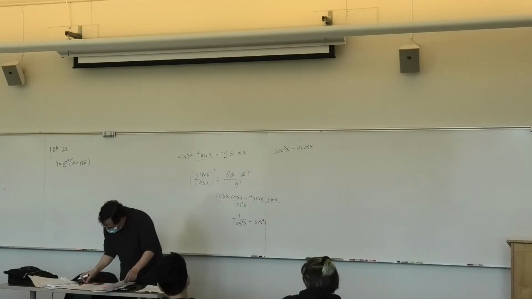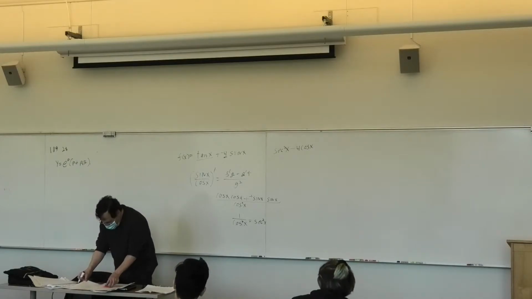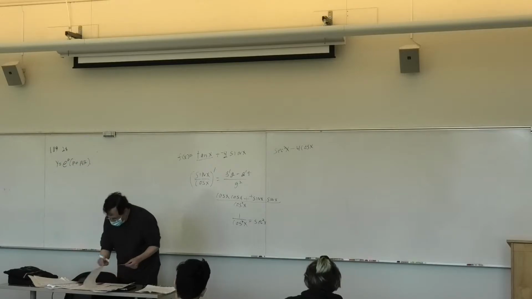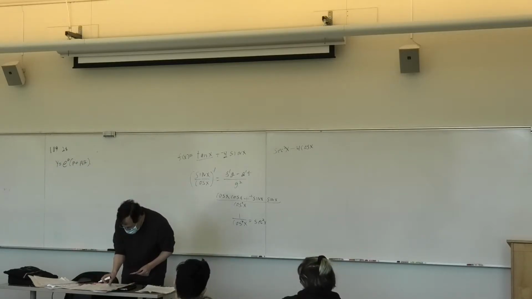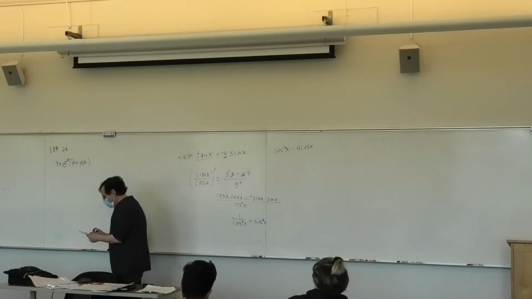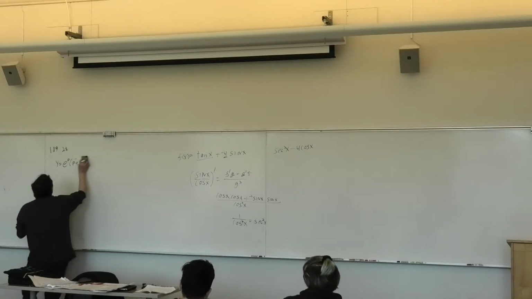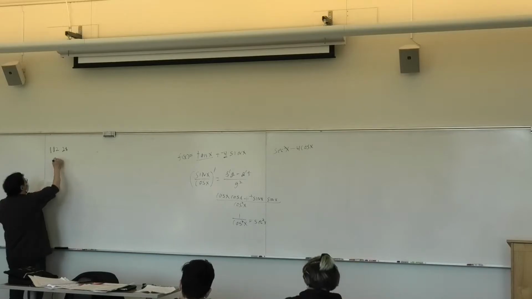Oh, 182? There's no 23 on 181. Yeah, 182. That sounds better. Okay. Differentiate the function. 22, 23. Really?